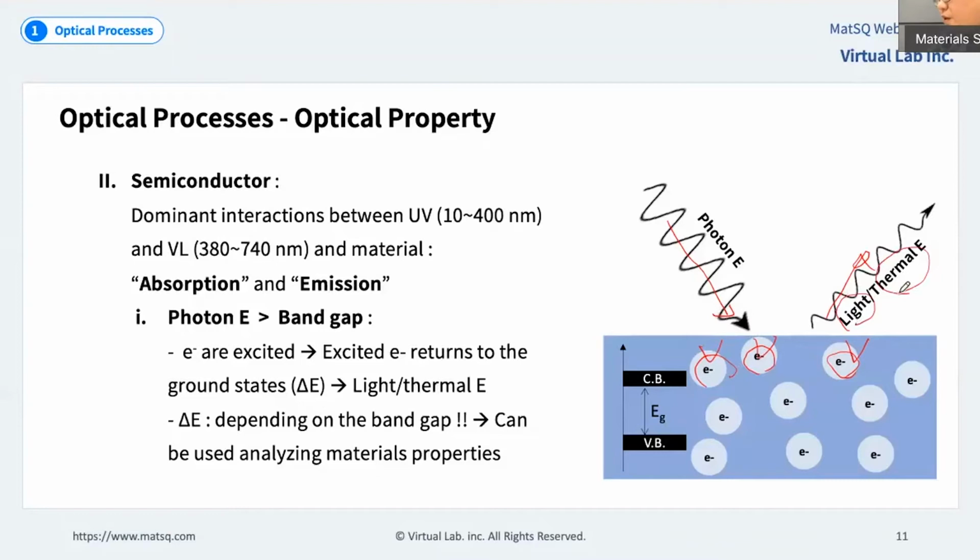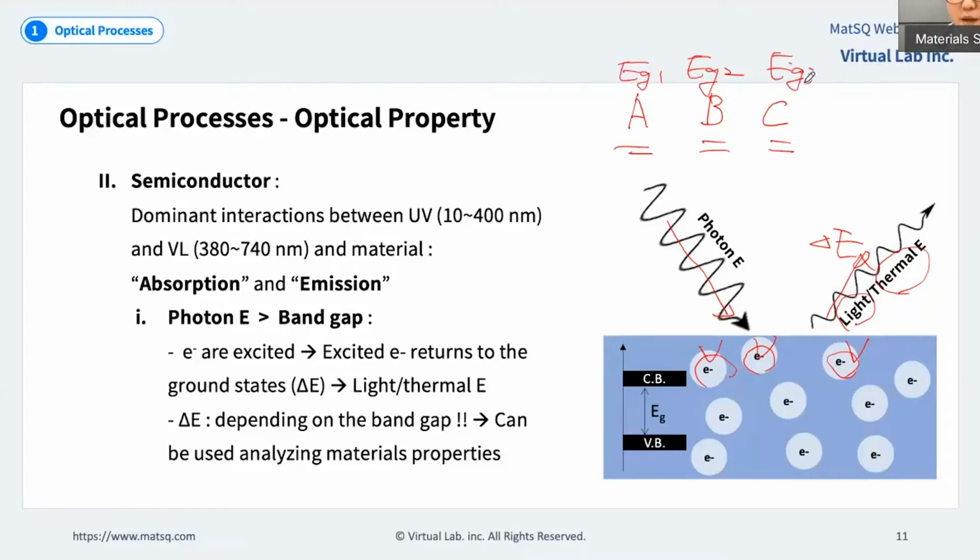Okay, this is actually delta E. So one important thing can be achieved here. Assume that we have materials A, B, and C, and all the materials have different band gaps, like Eg1, Eg2, and Eg3, for example.